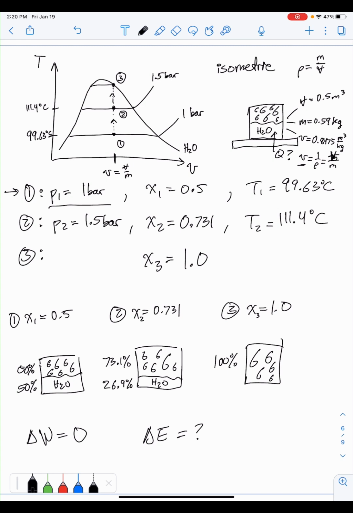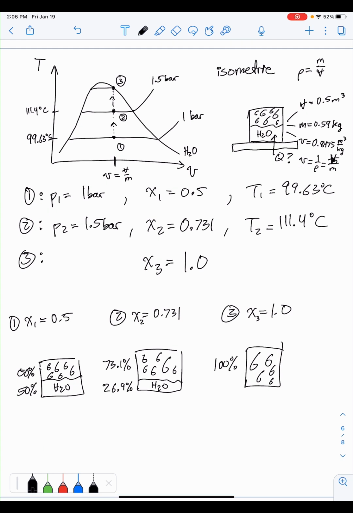At 100 degrees Celsius, liquid water can start to boil into water vapor, but not all the liquid water can boil at once. It's a gradual process. Therefore, at a specific pressure and a specific temperature, two states of matter can coexist. And that's what leads to our quality factor.